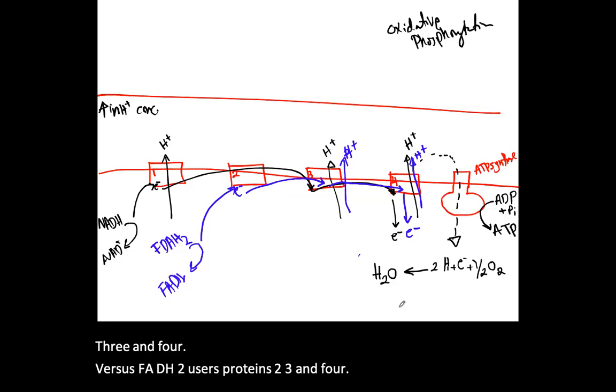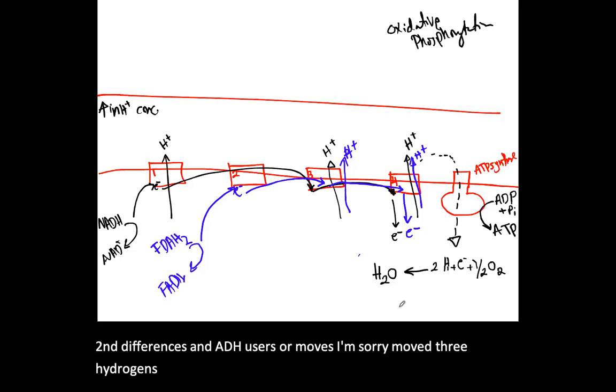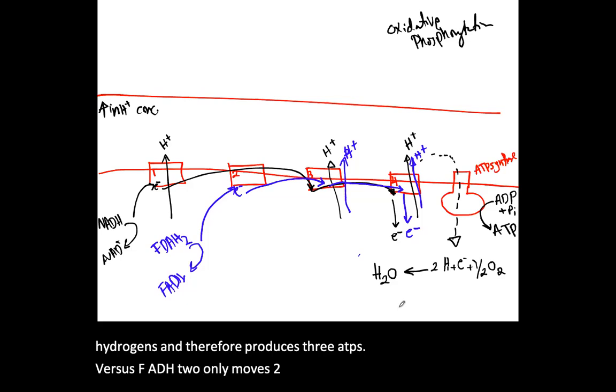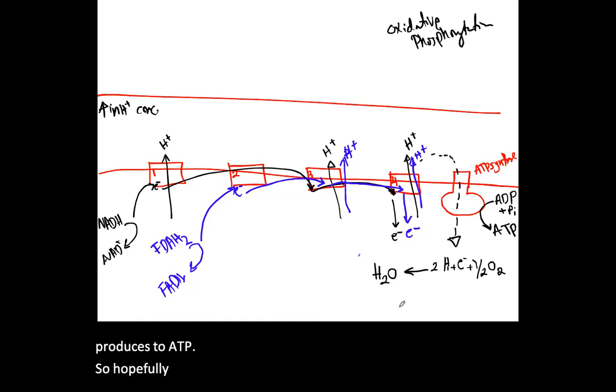Second difference is NADH moves 3 hydrogens and therefore produces 3 ATPs, versus FADH2 only moves 2 hydrogens and therefore only produces 2 ATPs. Okay, so hopefully that makes sense.